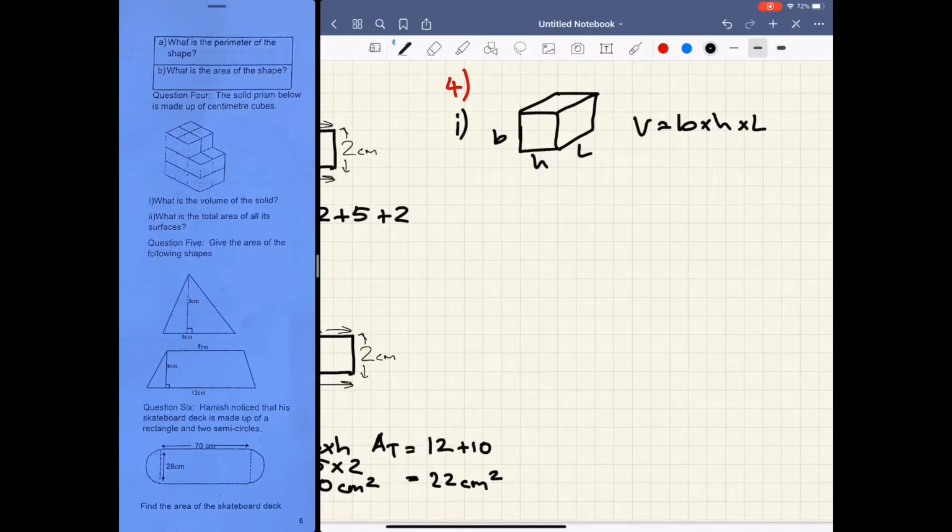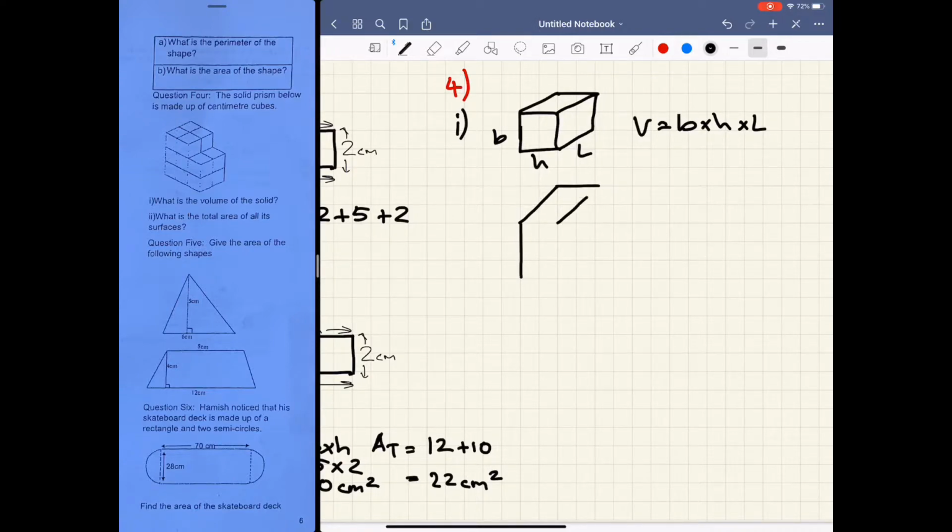So let's calculate the volume of this solid here. First of all, it might help if I draw it out. So it's 3 blocks down, 1, 2, 3, 3 blocks, 2 blocks that way, and 2 blocks down.